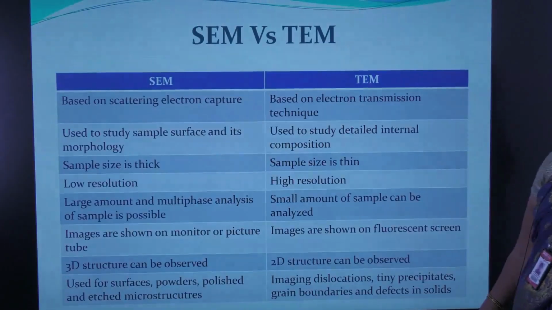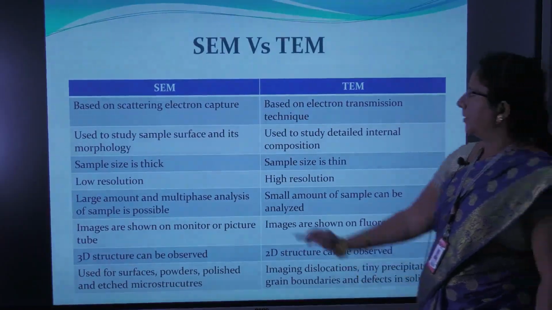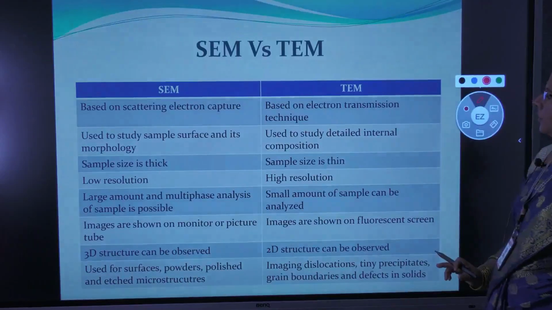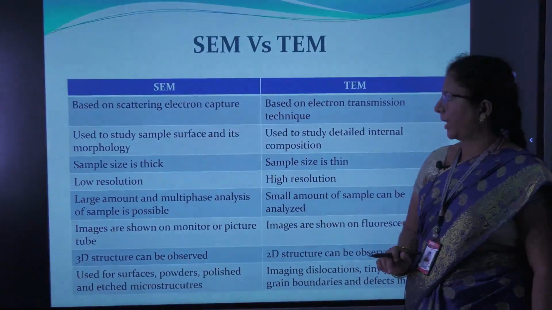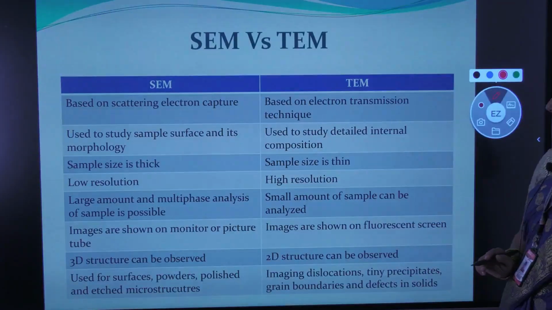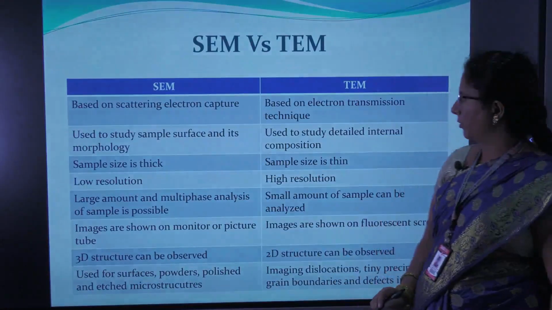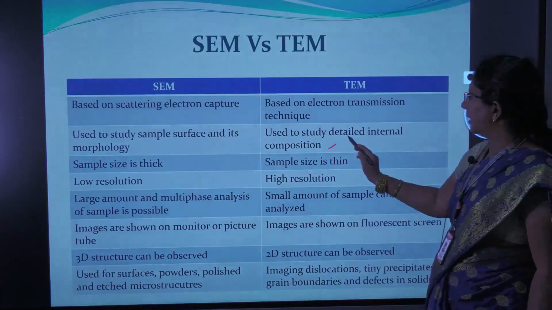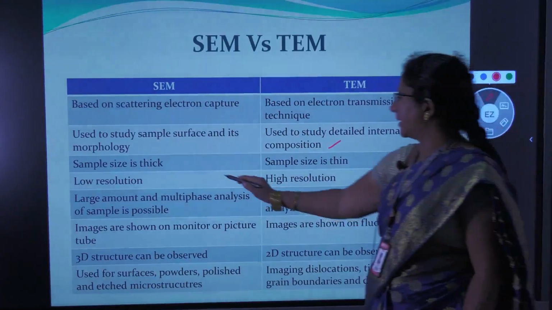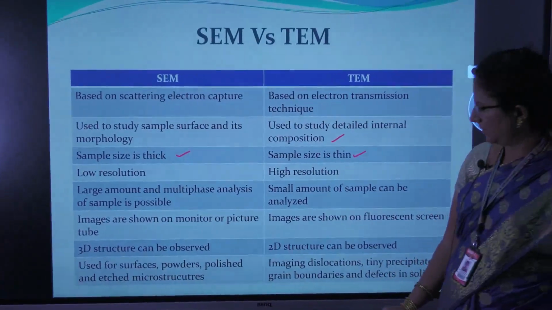Now we will discuss the differences between SEM and TEM. SEM is based on scattering electron capture, and TEM is based on the electron transmission technique. SEM is used to study the sample surface and its morphology, while TEM is used to study detailed internal composition. The sample is thick in SEM and thin in TEM.